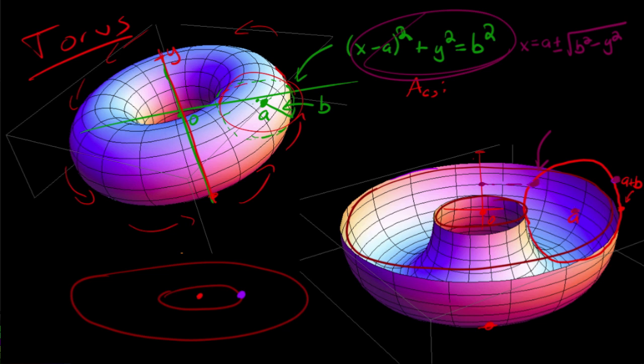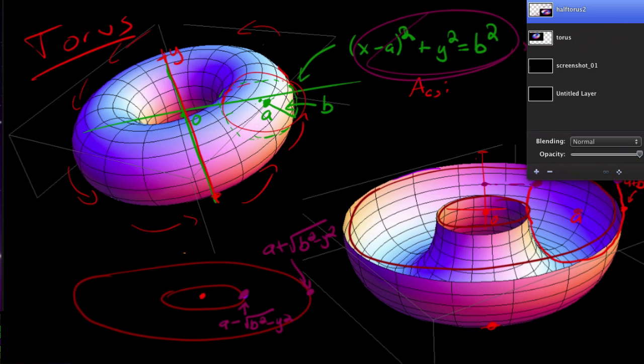That makes sense: this is a, and you either add this much or subtract that much to get your two points. This guy is a minus the square root of b^2 - y^2, and this point is a plus the square root of b^2 - y^2.